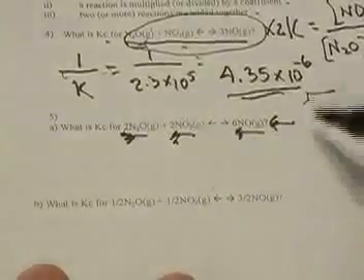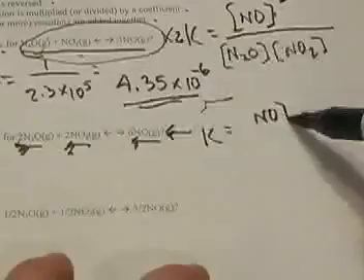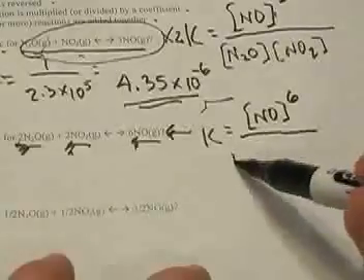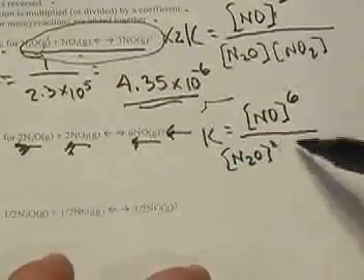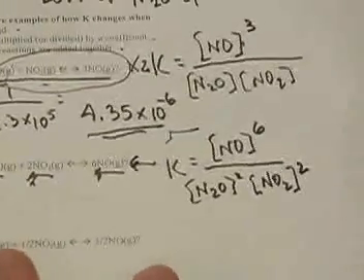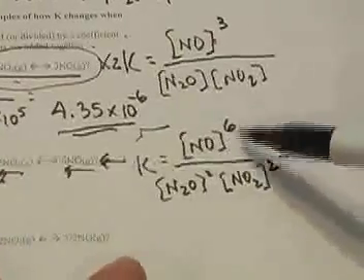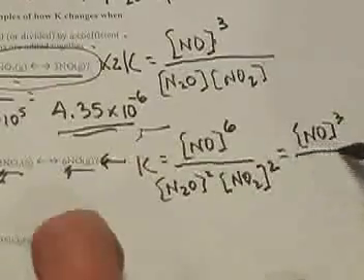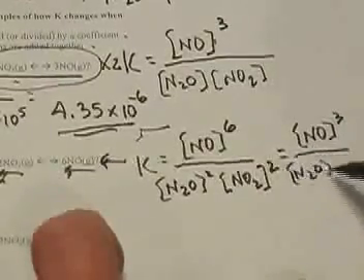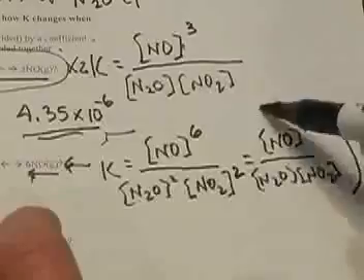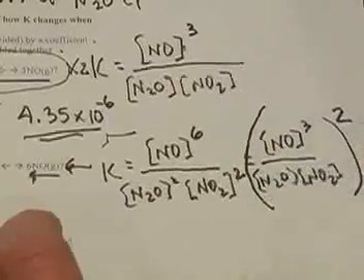If I wrote the equilibrium constant expression for this, it would now look like products NO to the 6th power, because there's a 6 here, divided by N2O to the 2nd times NO2 to the 2nd. And for those of you that love math, watch this. This is the same as saying NO to the 3rd divided by N2O to the 1st times NO2 to the 1st, and then taking this whole thing and squaring it.